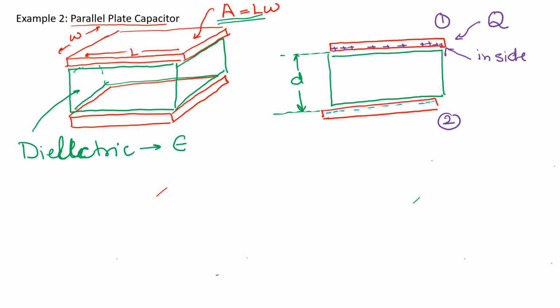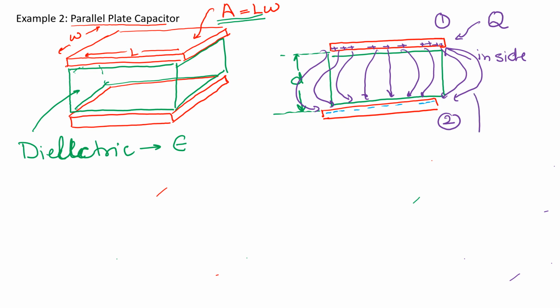If we look at how the electric field is going to be created, the electric field inside is going to be slightly complex. There are fields which are going to come out of the plates, and these fields are known as fringe fields.